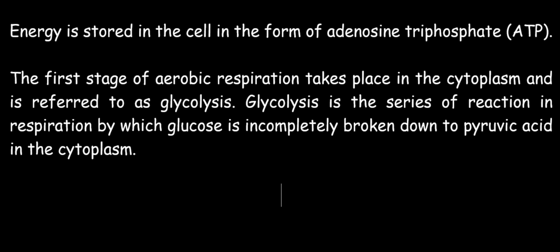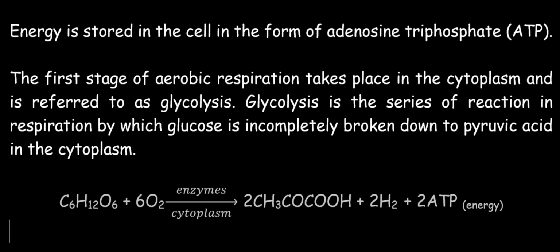So I will show this also in a chemical equation. From this chemical equation, we see that one molecule of glucose, which is C6H12O6, is being oxidized by 6 molecules of O2, which is the oxygen, in the presence of enzymes, and this is taking place in the cytoplasm.